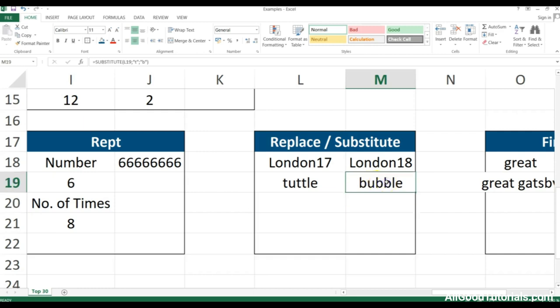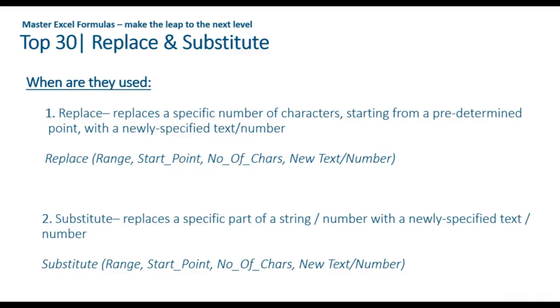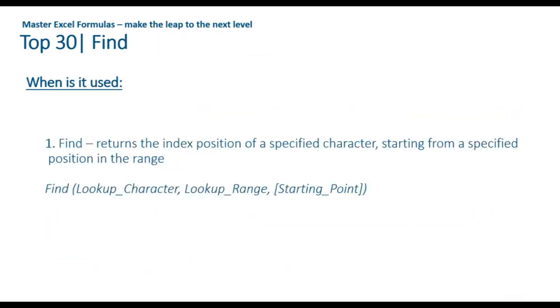Now going back to the presentation, the next formula is find, a very interesting formula. It returns the index position of a specific character, starting from a specified position in the range.